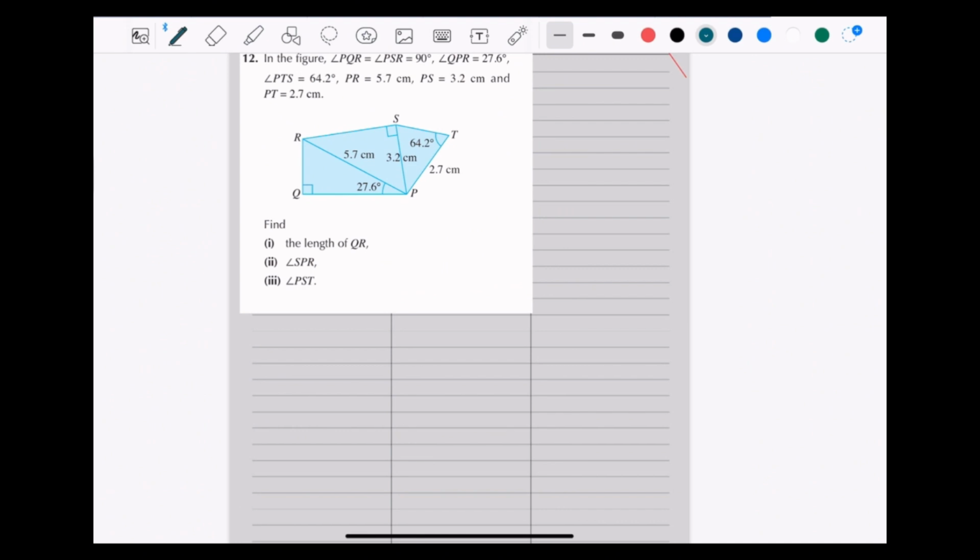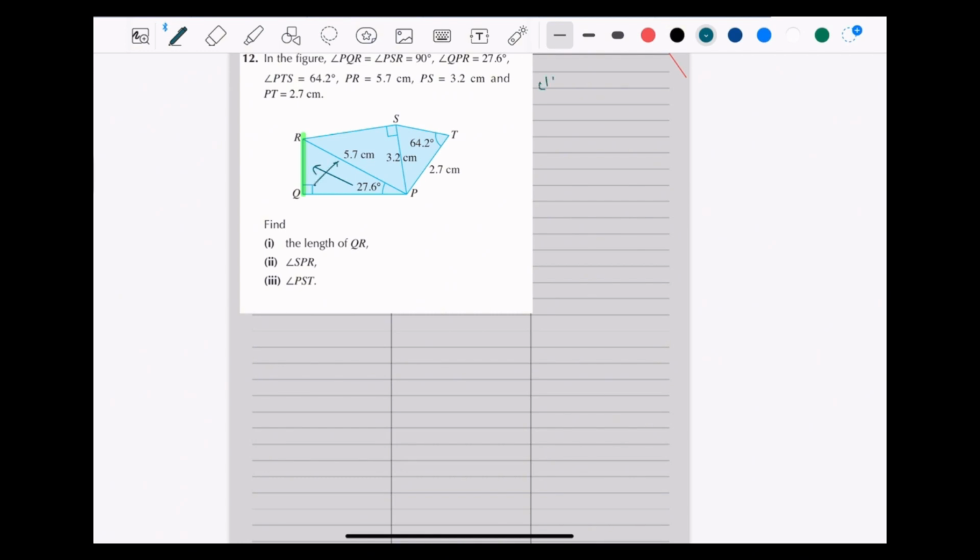Let's look at another question here. You have to find out the length of QR. For QR, it is a part of a right angle triangle, and straight away, rather than getting into any other rules, you know that the trig ratios are in play. According to this angle, this is the opposite, and the hypotenuse is given to you.